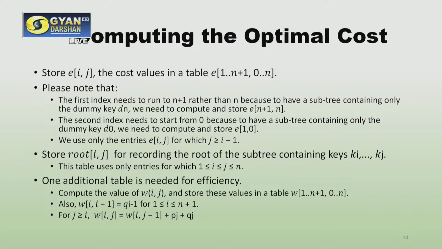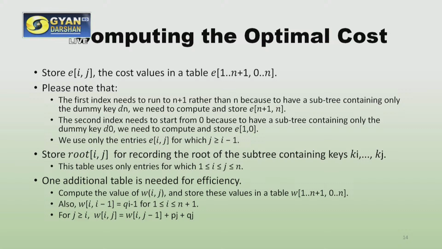Then one additional table is needed for efficiency. Compute the value of Wij and store these values in the table W[1..n plus 1, 0..n]. This is just related to E. And one thing you already know is W i, i minus 1 equals Q i minus 1 for all i from 1 to n plus 1.